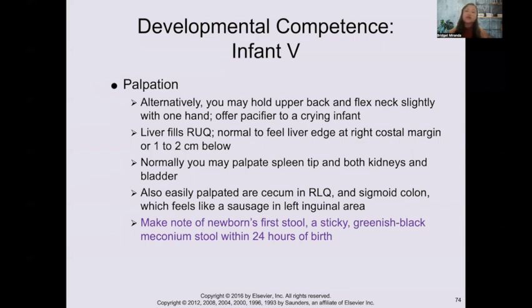That's a cause of concern. But also, if they haven't had a stool within 24 hours, now we're starting to think that there's obstruction, or maybe the GI anatomy, the pipes, are not connected correctly. And so this is something that needs to be brought up quickly to the healthcare team if they have not stooled within the first 24 hours.